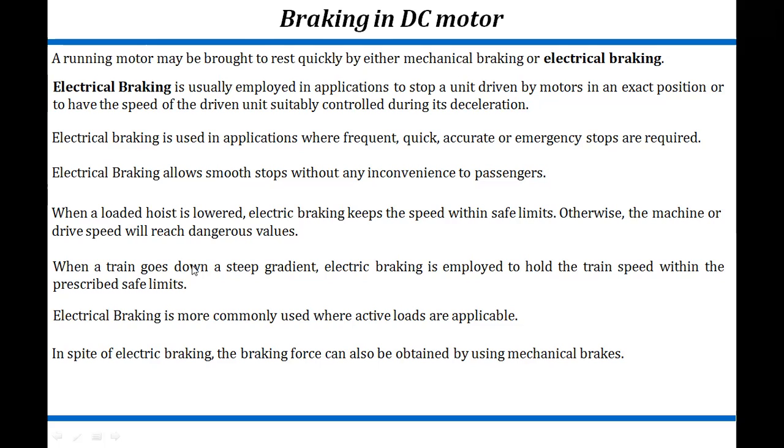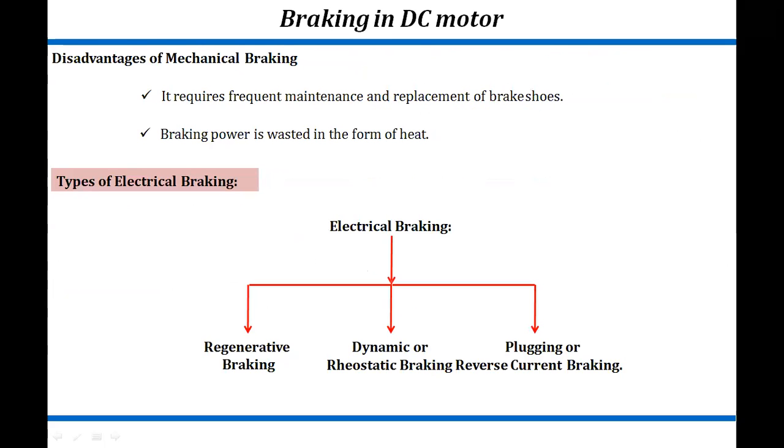And when a train goes down a steep gradient, electrical braking is employed to hold the train within a prescribed safe limit. In spite of electrical braking, braking force can also be obtained by using mechanical brakes. There are different types of electrical braking like regenerative braking, dynamic rheostat braking, and plugging or reverse current braking.